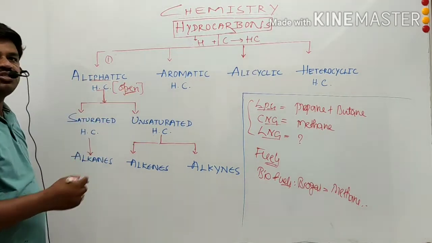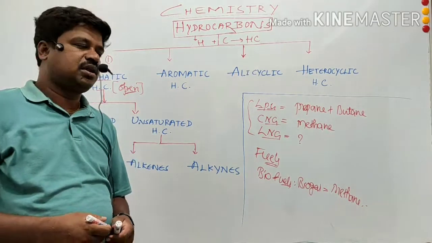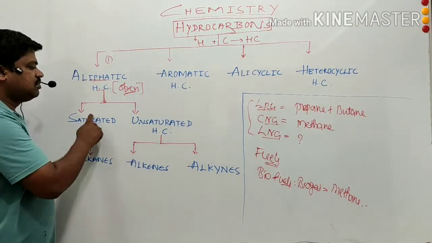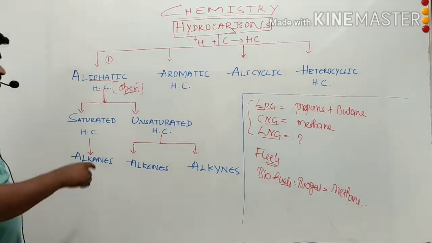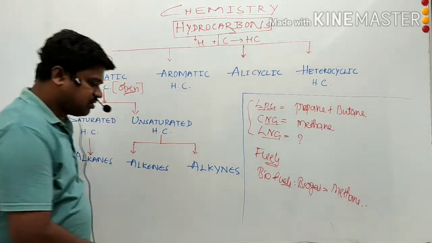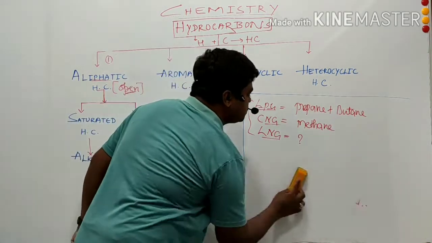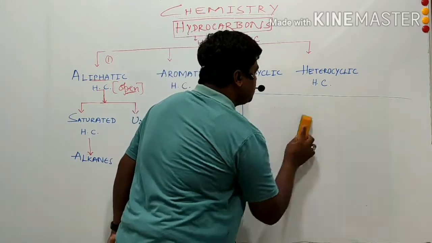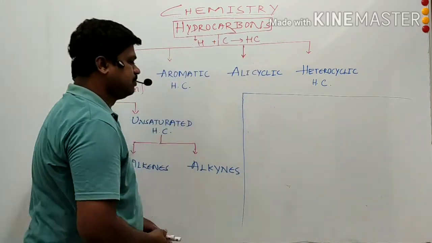Based on the nature of linkage or bond, we can divide aliphatic hydrocarbons into two types: saturated hydrocarbons and unsaturated hydrocarbons. Now let us take saturated hydrocarbons.